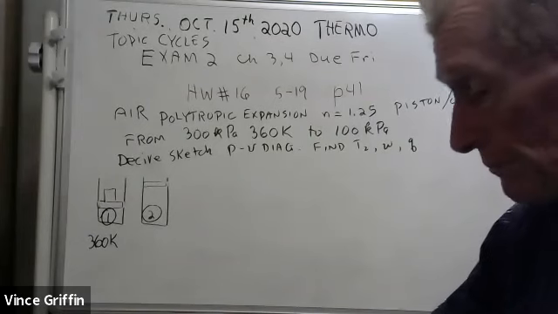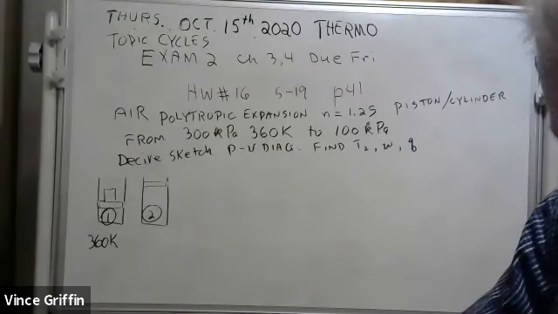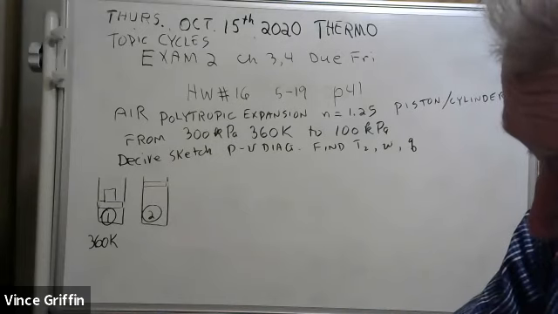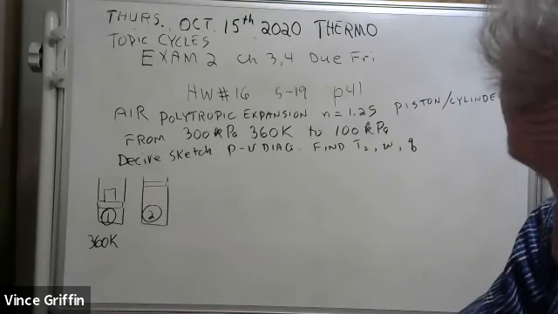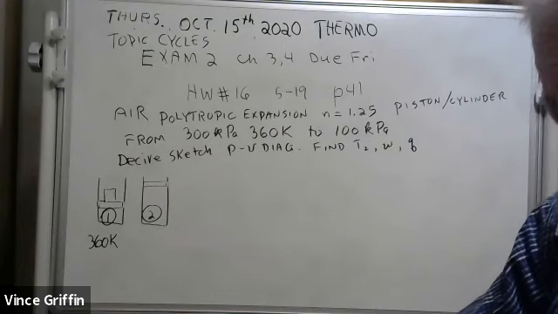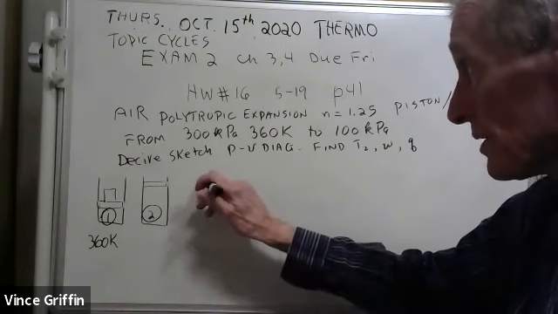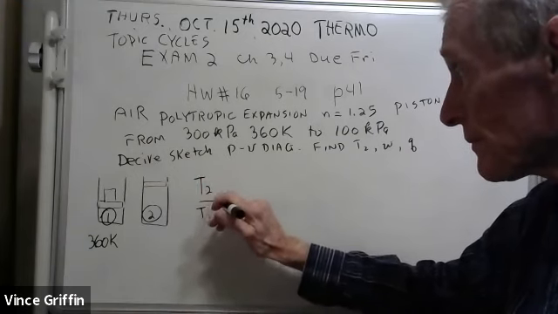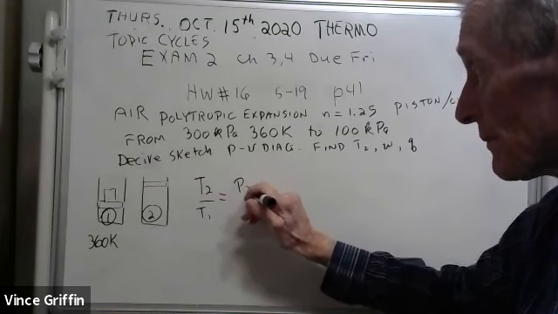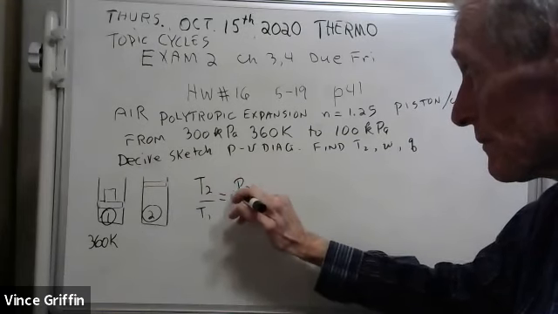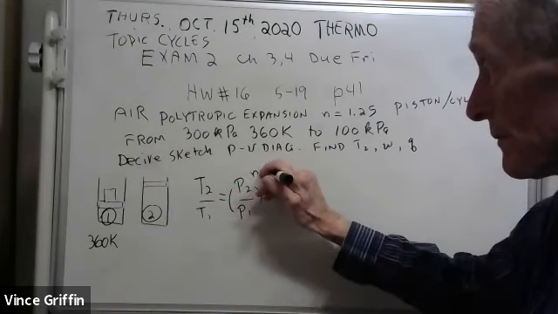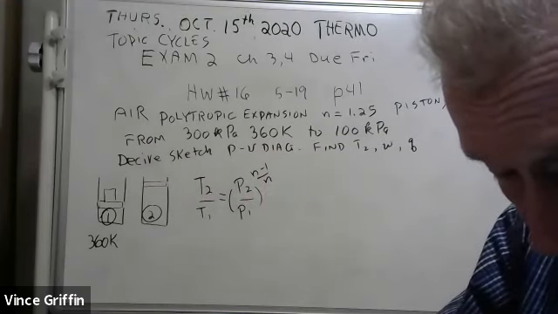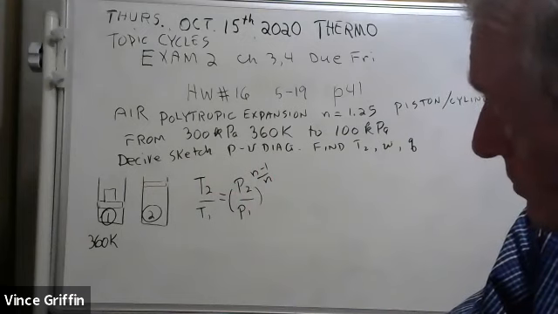Well, why don't we find that? Now we have a beautiful equation for ideal gases like air that are in polytropic processes, and they go like this. You want to have that written down someplace in your notes or wherever that you can grab it.